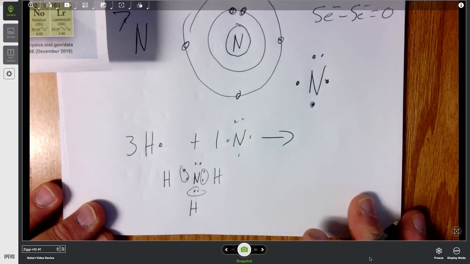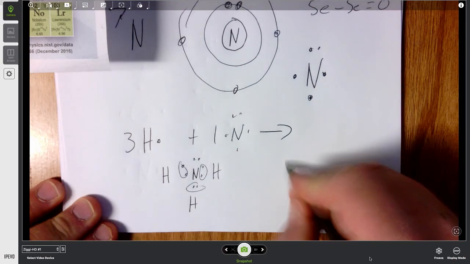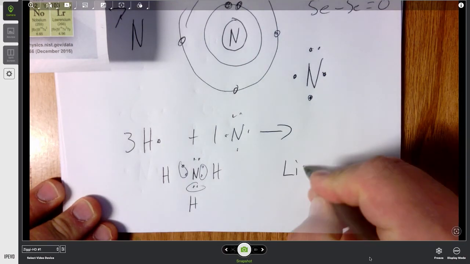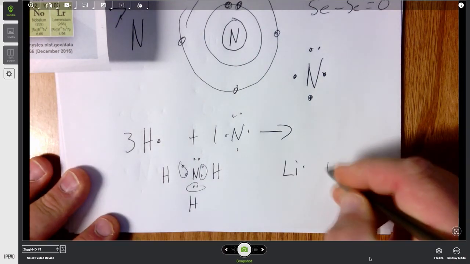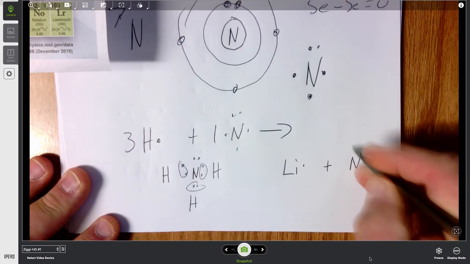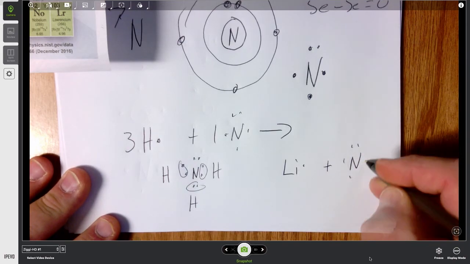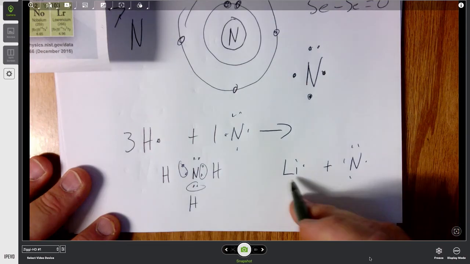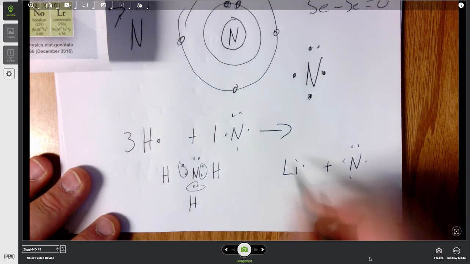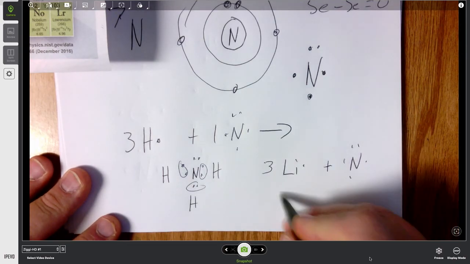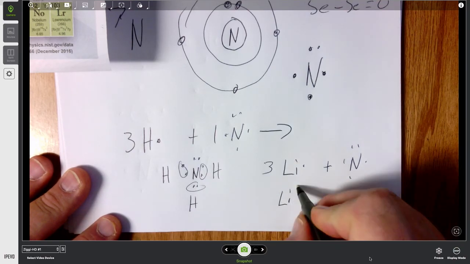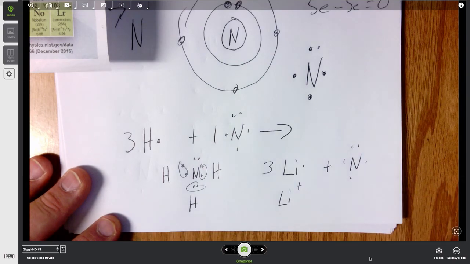If I were making an ionic compound, like with lithium and nitrogen, I would know that I need 3 lithiums. And what's going to happen is each of the lithiums is going to lose an electron and become positively charged.